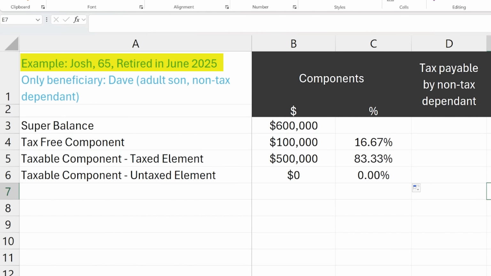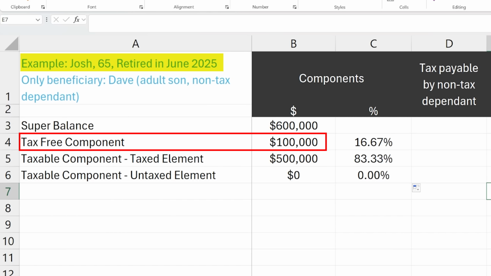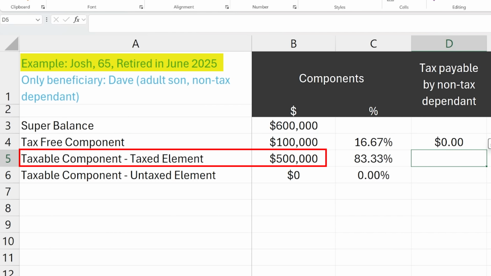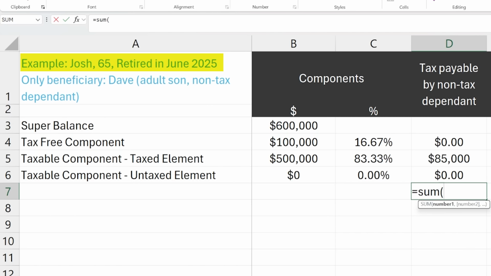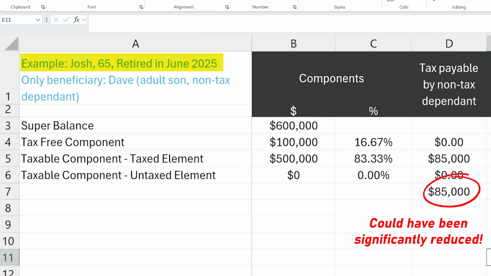If Josh were to pass away and his super were paid directly to Dave, the $100,000 tax-free component would transfer tax-free. However, the $500,000 taxable component would be taxed at 15% plus the Medicare levy, meaning Dave would lose around $85,000 to tax. But this tax could have been significantly reduced if Josh had implemented a recontribution strategy.